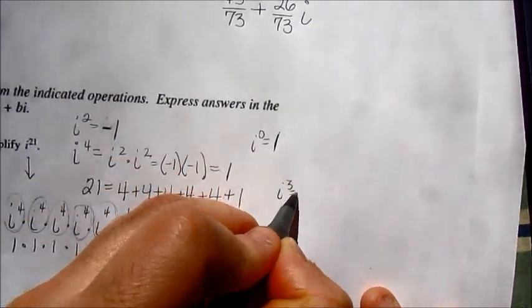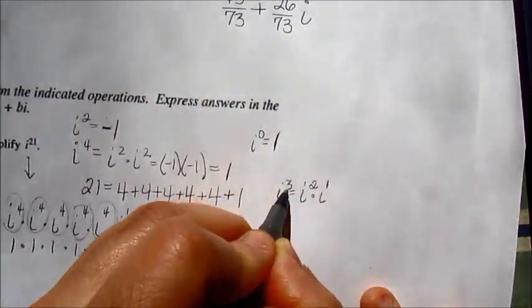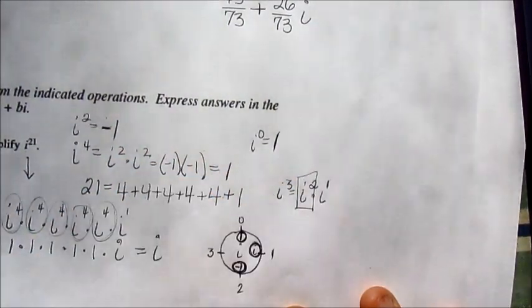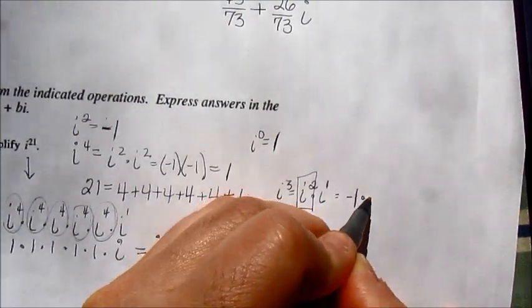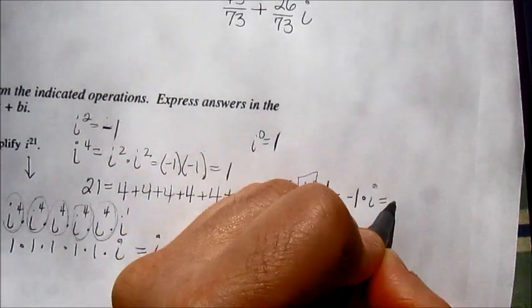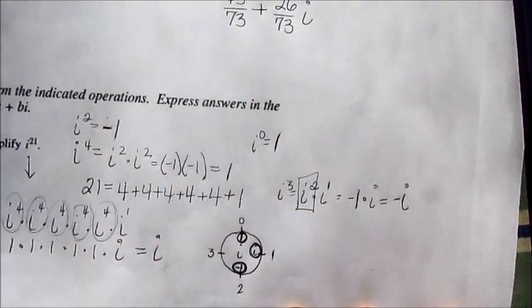i to the third is, well, let's say i squared times i to the first. Make sense? This is what? Negative 1. So it's negative 1 times i. That would make i to the third equal to negative i. Negative 1 times i is negative i.